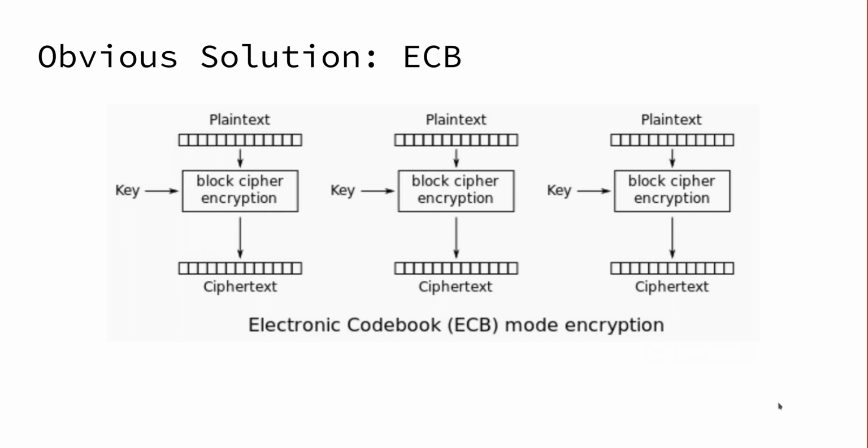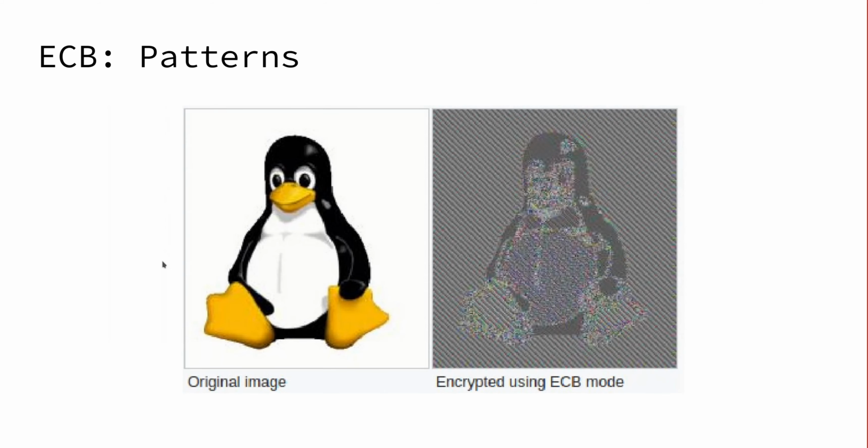One reason is, well, if we use the same key here, same plain text will be translated to the same ciphertext. So patterns in your plain text will be reflected in the ciphertext. There's a nice image about this on Wikipedia.